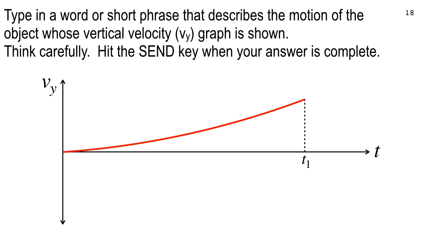Type in a word or short phrase, I think it's 16 characters you can use, that describes the motion of the object whose vertical velocity graph, v subscript y, is shown. Right now, there's no numbers in this, but you've got a velocity graph. It's not like one that we used last time, though.